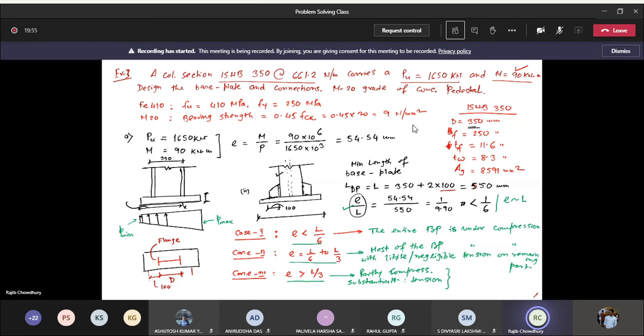Right. Now, what is the next thing? The next thing is that case 1 is now governing in the present case.